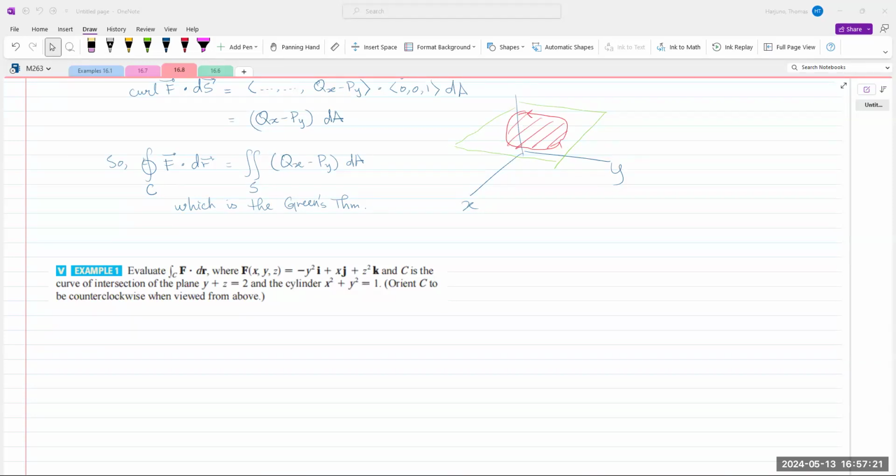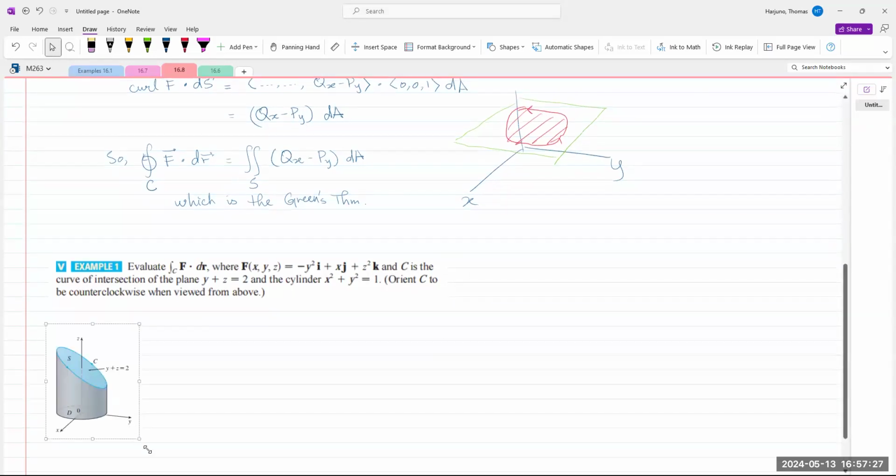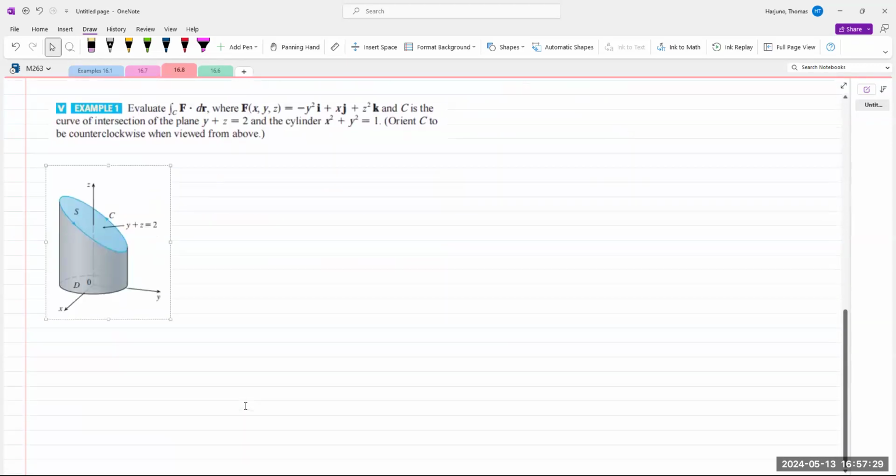Our textbook gives us the picture. Evaluate the line integral over C of vector field F dot dr, where F is this and C is the curve of intersection of the plane and the cylinder.